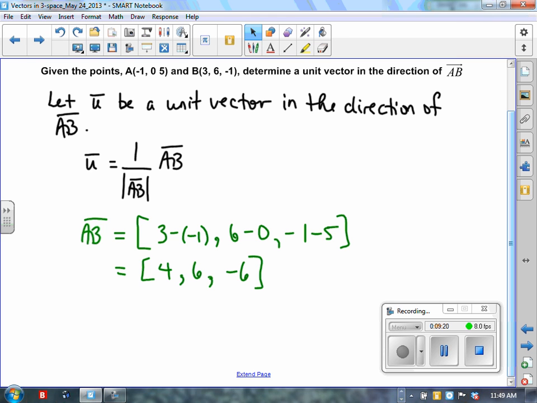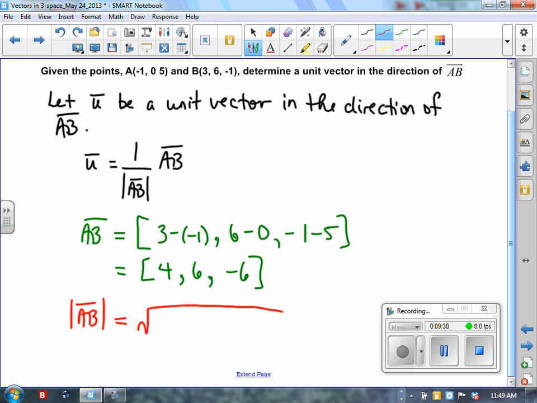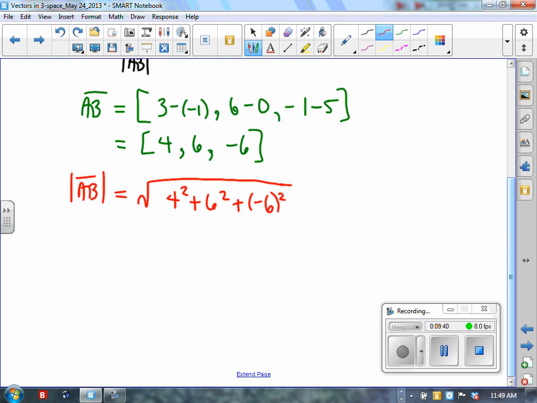And as you saw in the previous example, the magnitude of any particular vector in 3-space is going to be the root of the squares of each of the components. So 4 squared, 6 squared, plus minus 6 squared. So we're going to have 16 and 2 36s, so that's 72.